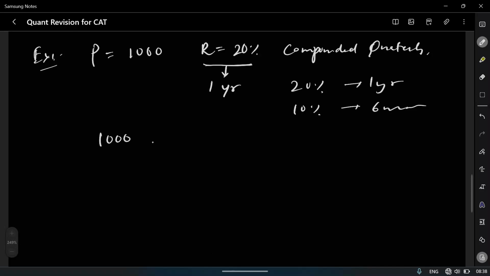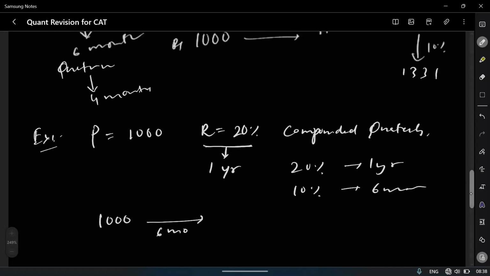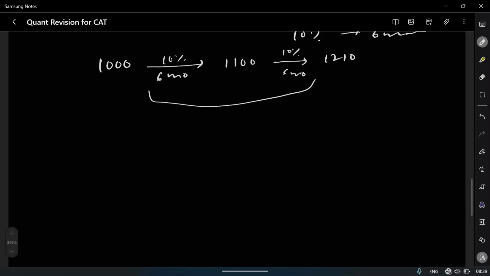So taking the principal amount, after 6 months the increase is 10%. It becomes 1100. After another 6 months, it becomes 1210. So after a year, it becomes 1210.